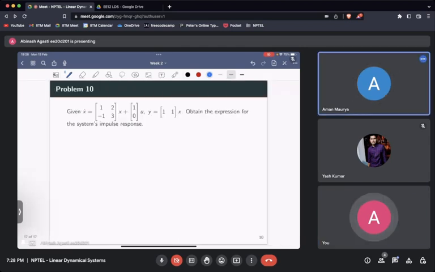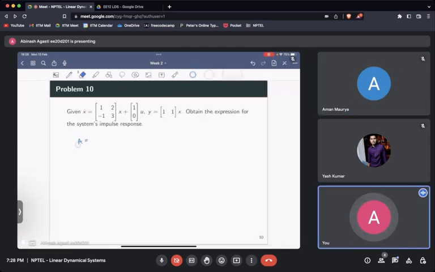We have A given here, B, C. So let's first find out (sI minus A) inverse. What is this? s minus 1, minus 2, 1, s minus 3 inverse. Tell me what is this?